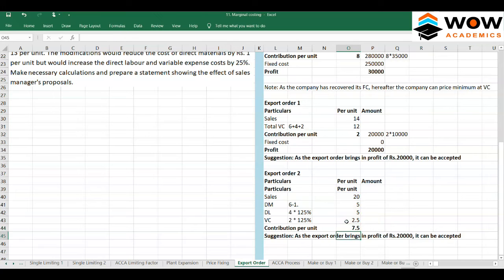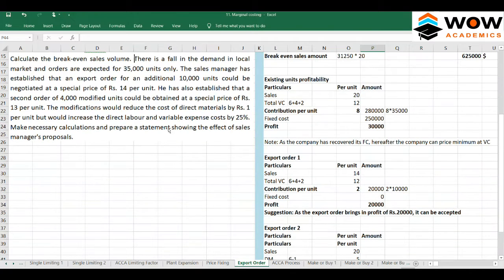So the new contribution would be 7.5. So the question is, the contribution is 7.5. How many units are we selling? We are going to sell 4,000 units, okay, at 7.5.